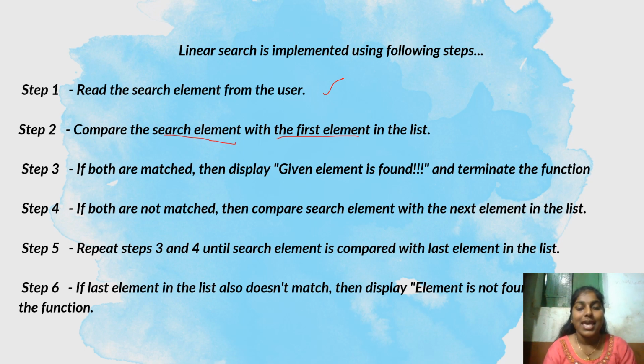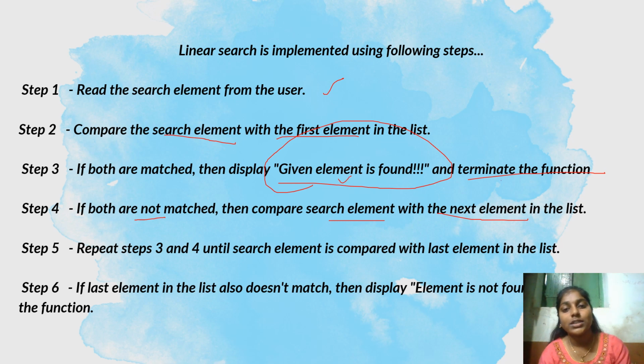If both are equal, then we display that the given element is found, and we terminate the function. If they have not matched, then we compare the search element and the next element in the list. If both are equal, then we print this and terminate the function.